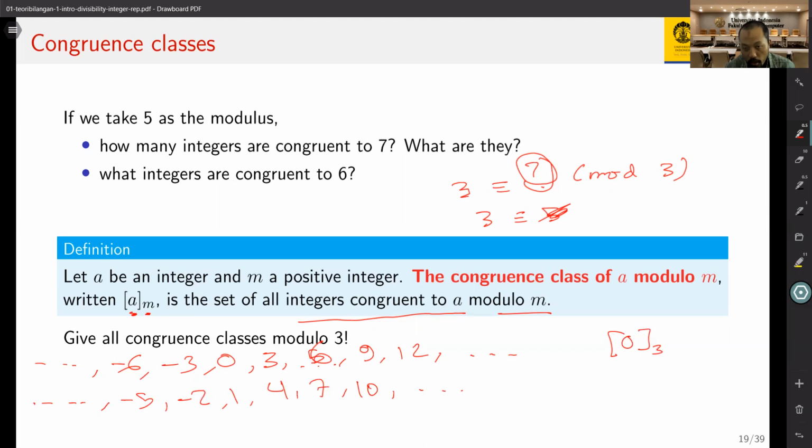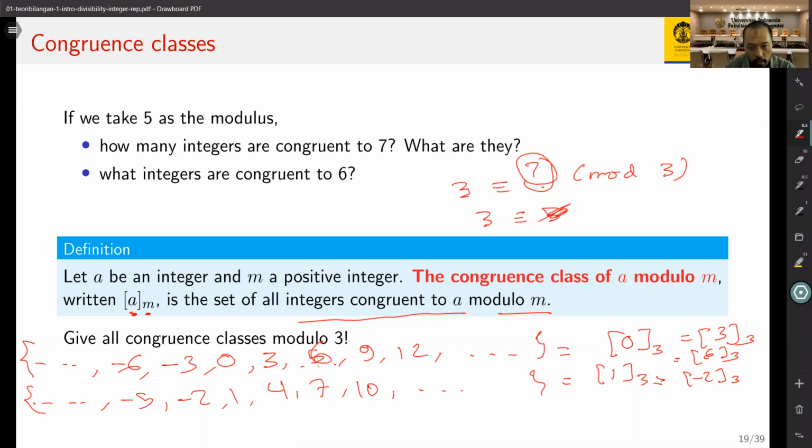Yeah, good. So this set here is called the congruence class of 1. Of course, this is the same as this, right? Same as, for example, 6. Now this one is the same as, of course, minus 2 and 4 and so on.